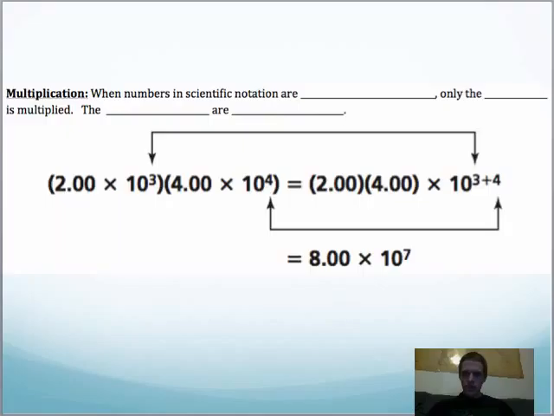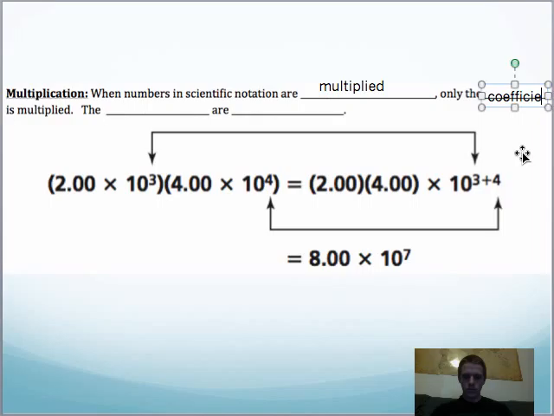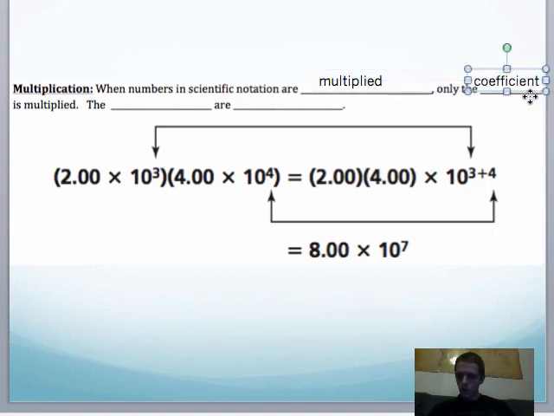Alright, that brings us into our guided notes for the day. When numbers in scientific notation are multiplied, only the number, let's call it the coefficient, only the coefficient is multiplied. The exponents are added.